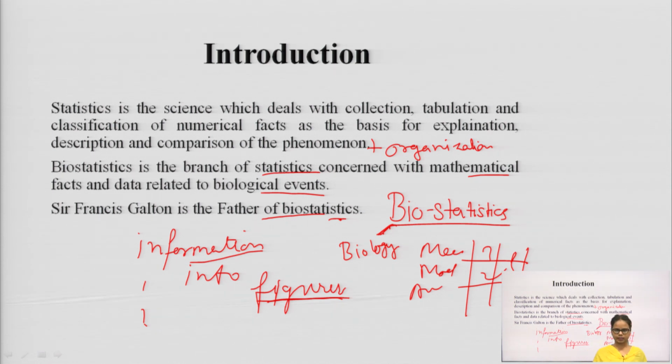For example, there is a survey in a local area on how many people were suffering from coronavirus. The agency conducting the survey concluded that 40% of people above age 50 and below age 18 are suffering from coronavirus. This is one fact.